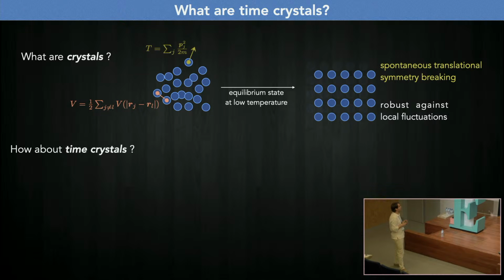Okay. So how about time crystals? Essentially, in physics, since very long ago, more than 100 years ago, we have this equality, or similarity, between space and time. It took a very long time, but someone said, if we can have spontaneous translational symmetry breaking in space, can we have it in time?